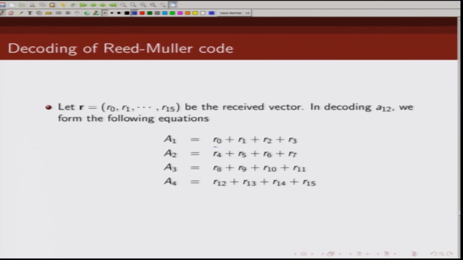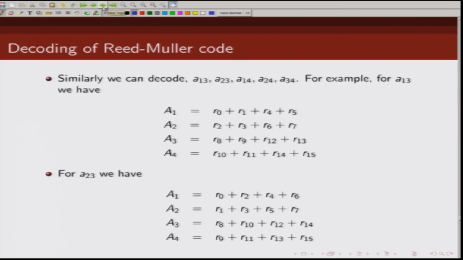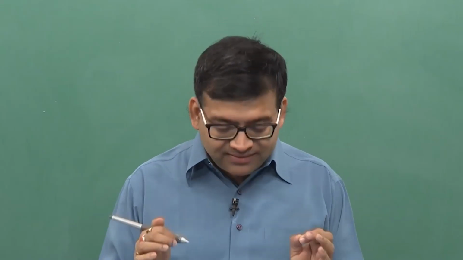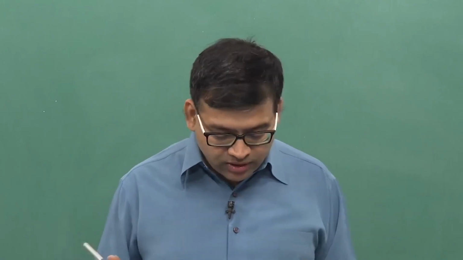I will just add these first 4 bits, then I add the next 4 bits, next 4 bits, next 4 bits. So, I am getting 4 independent views about what A12 is, and then I will take a majority decision. If the majority of them say 0, I will go for 0, otherwise I will go for 1. Now, exactly the same way I can decode other bits.